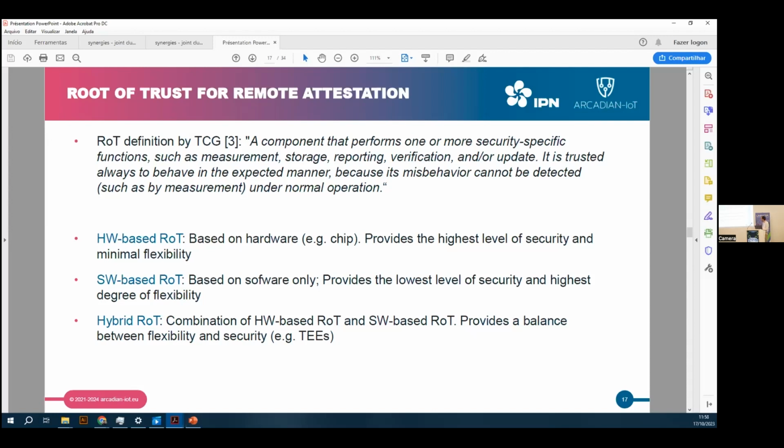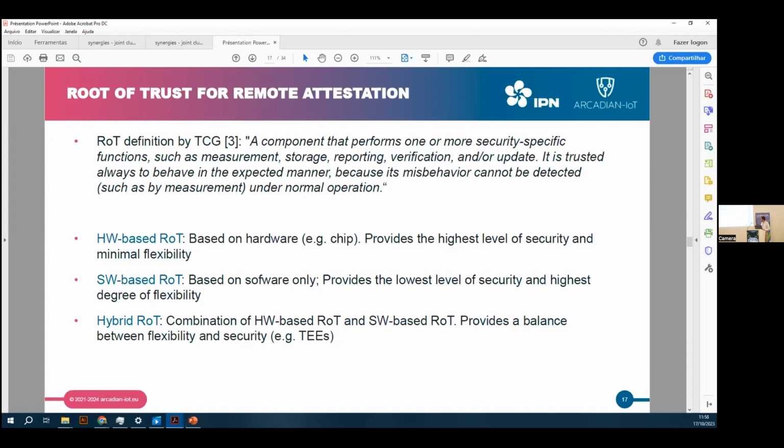And then we have the hybrid root of trust, which is essentially a hybrid approach where you pick up the advantages, and also the cons, of each of the two other approaches. A good example is trusted execution environments.